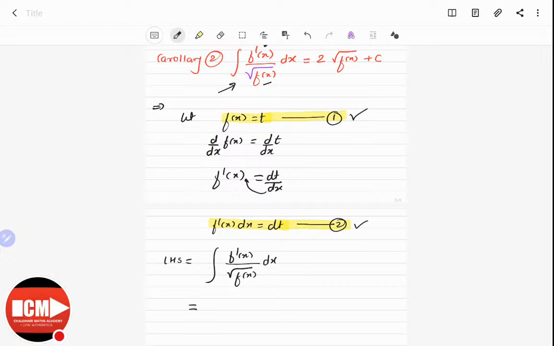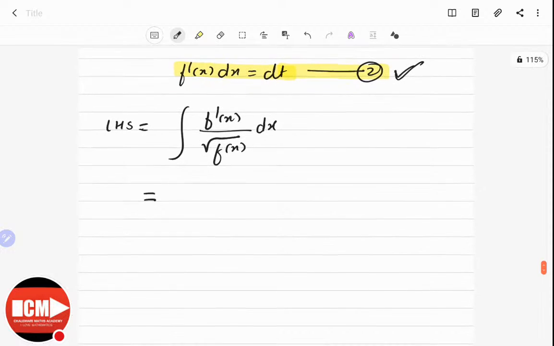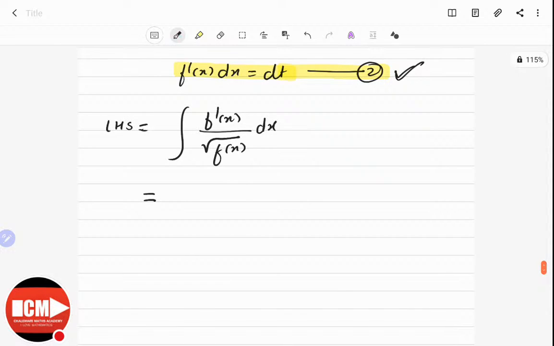Substitution is all about change of variable. If you remember, substitution is nothing but change of variable. So please change the variable. Here I am substituting f of x as t, and then please replace this derivative also, f dash of x dx as dt. So in simple language, here I am going to use equation number 1 and here I will use equation number 2.